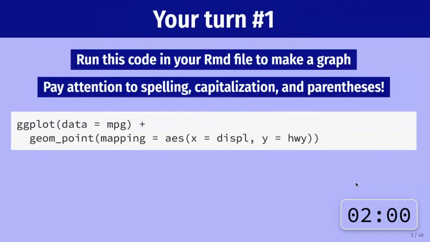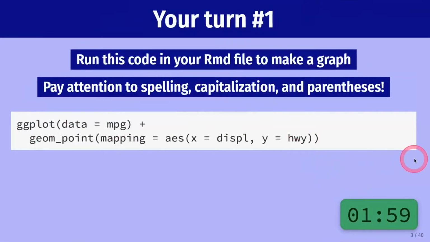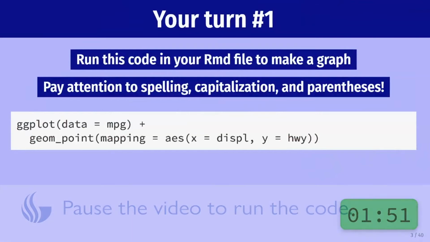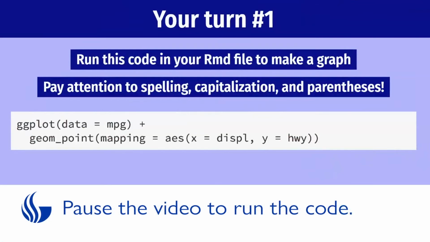So you'll want to type this, pay attention to the spelling, capitalization, the number of parentheses, make sure this is accurate. So go ahead and do that. I'll give you a couple minutes. There's a timer, it works. Type that in there and run it and see if your intuition about a negative relationship is true. So you have 1 minute and 48 seconds.